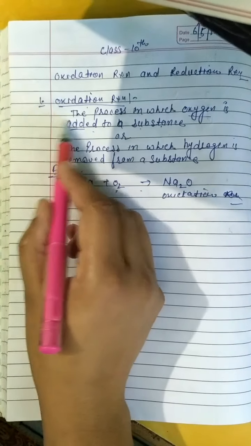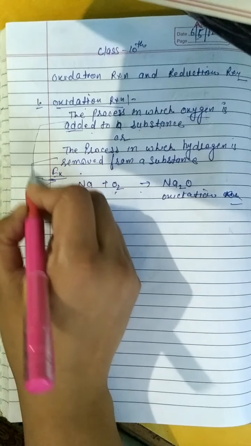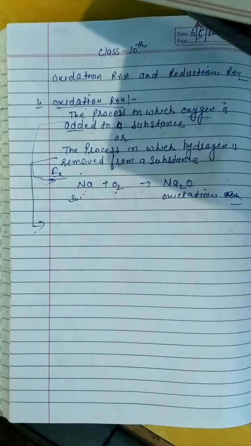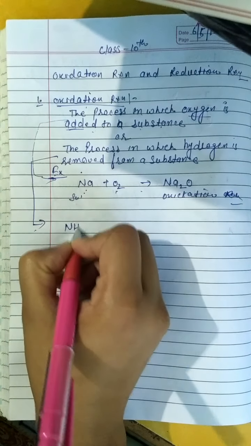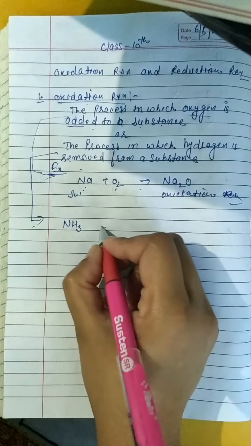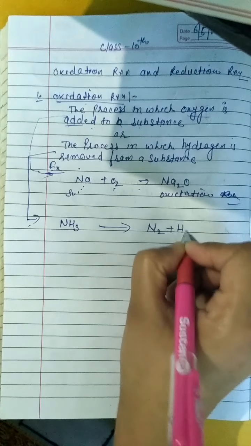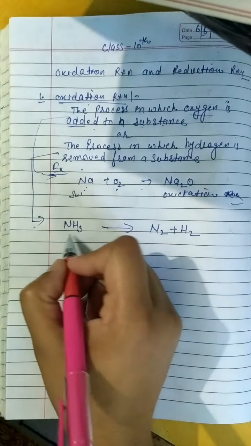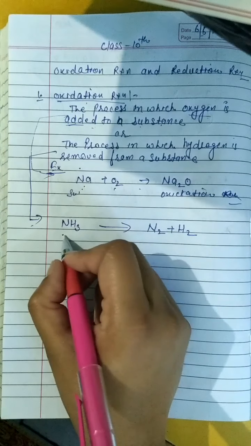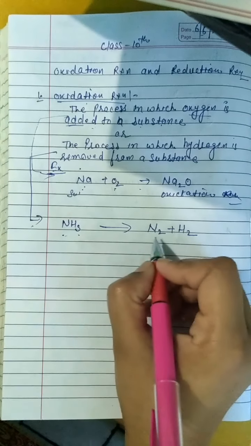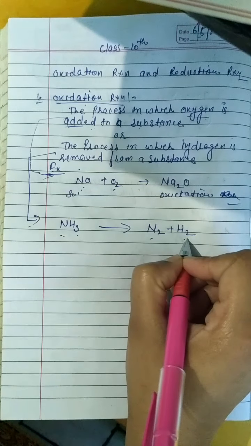That was the example according to the first definition. According to the second definition, what is the example? If I take the example of ammonia, NH3, after the reaction, that is, the breakdown of the reaction, it gives N2 and H2, the nitrogen gas and the hydrogen gas.